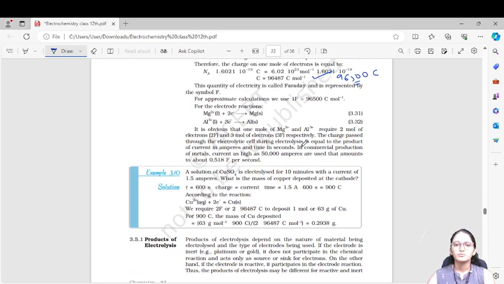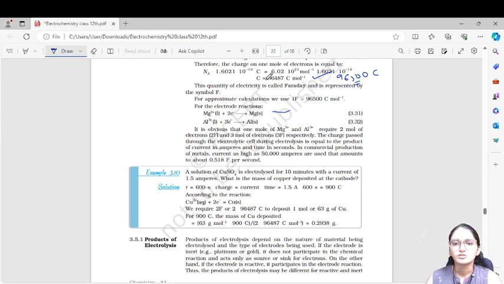Now we will discuss one problem based on this. As we know, 1 mole of electrons requires 96500 coulombs of electricity to pass. If you take the reaction Mg to Mg2+ plus 2 electrons, how many electrons are involved? 2 electrons.